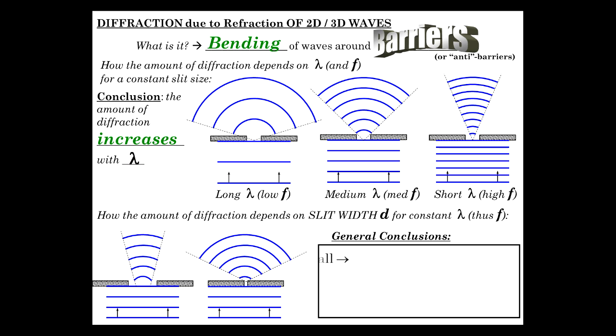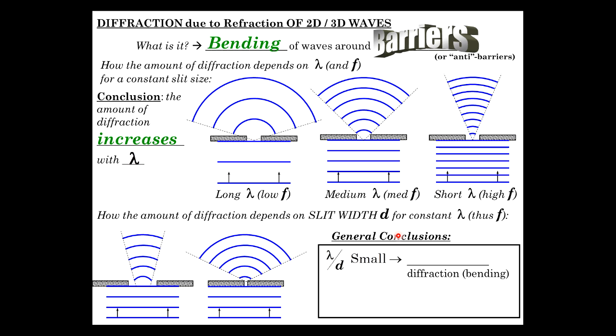We can make some conclusions from this, and my conclusions are going to be based on this ratio. Because if the ratio lambda over d is small, it's kind of saying those are both doing the same thing. In other words, to make this ratio small, wavelength has to be small. That'd be like this. With small wavelength, there's not much bending.